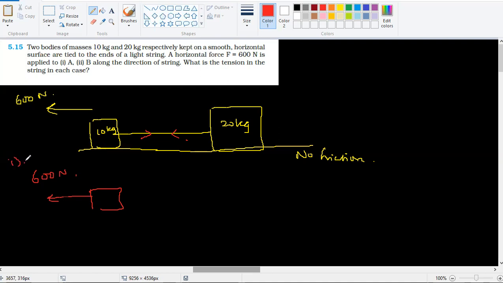Doing the first part, tension is acting this way and the acceleration is this way. Since I'm pulling it this way and acceleration is also this way, I can take this as the positive direction, right? If that is confusing, you can take it this way.